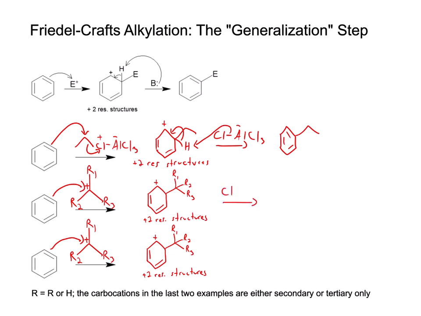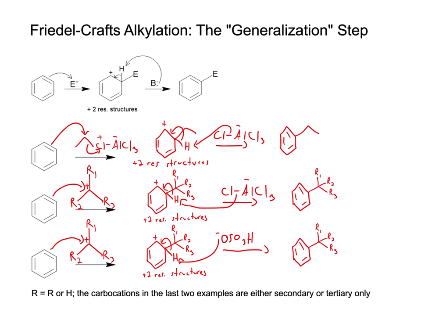In the one, we had a ClAlCl3 as the base, and in the second one, we had an OSO3H as the base. Of course, we've seen both of these bases before, so we are going to deprotonate and regenerate our aromatic ring in both these cases. And there you have it, the final two generalization steps for Friedel-Crafts alkylation.